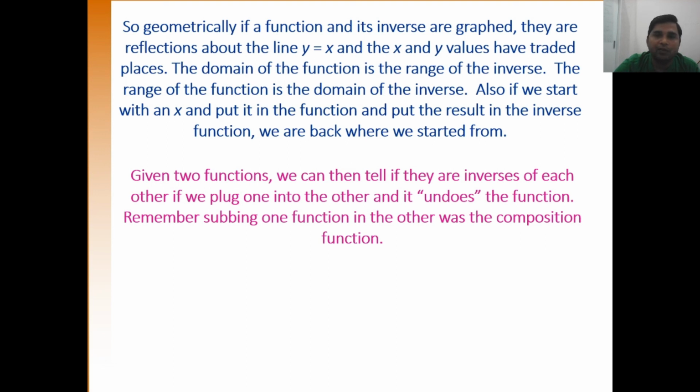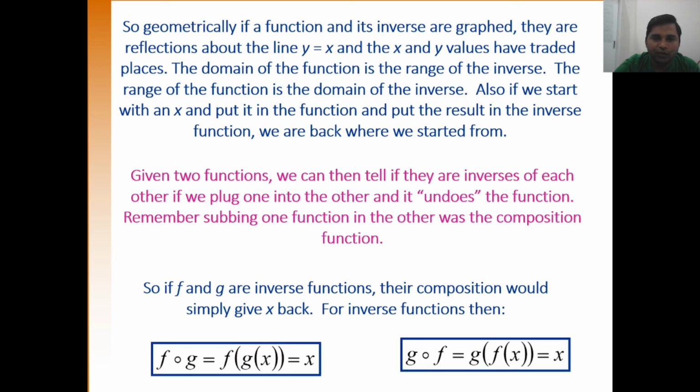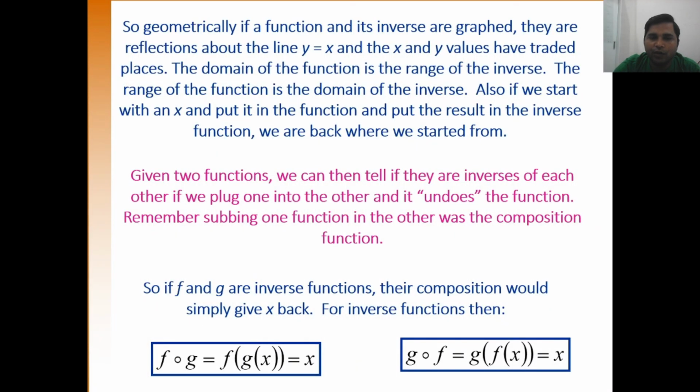Remember, substituting one function into the other was the composition of functions. So if f and g are inverse functions, their composition would simply give x back. So f of g of x equals x, and g of f of x is equal to x, or you can write f of f inverse equals x, or f inverse of f equals x.